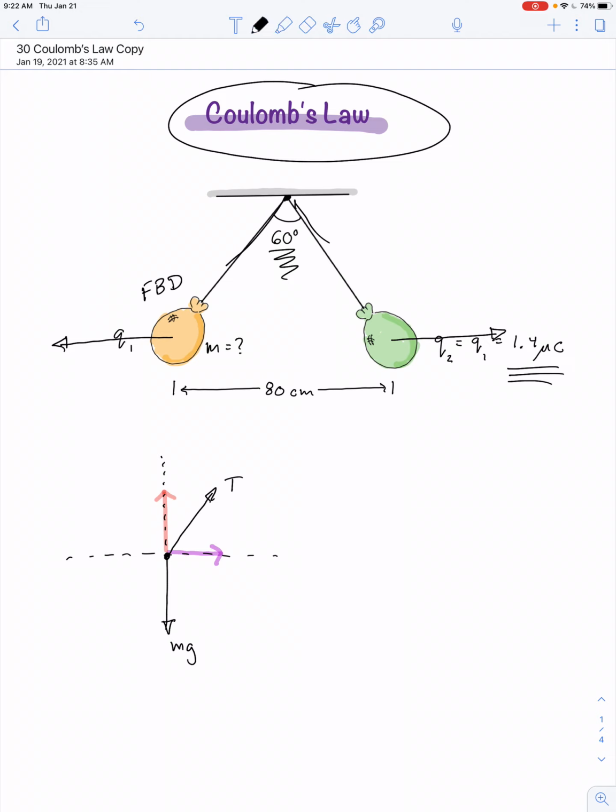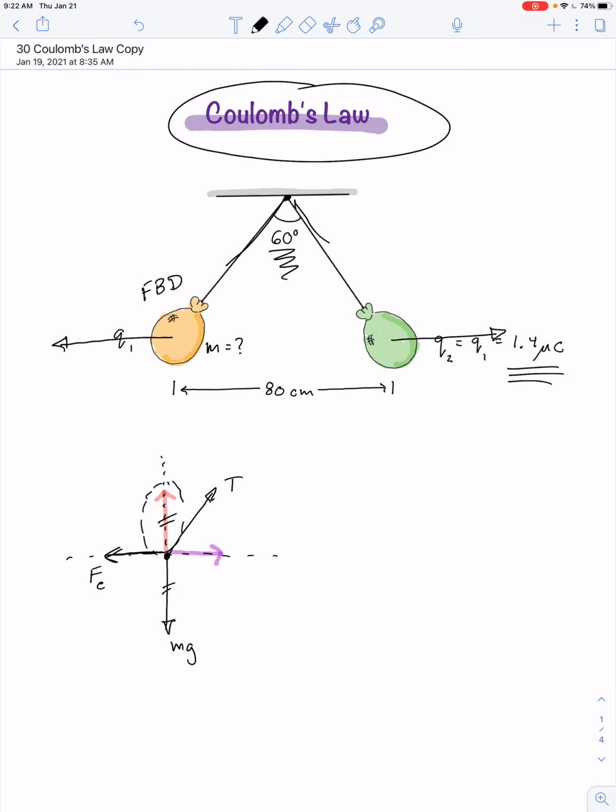And your intuition is right. This component of tension that lies along the y-axis is going to be balanced out by gravity. So there must be another force pushing to the left, and that's the force of electrostatics that keeps this whole system in equilibrium. So we'll call that F subscript E for electrostatic force.